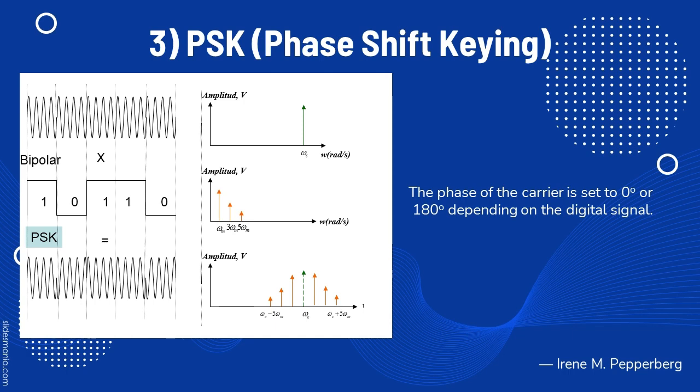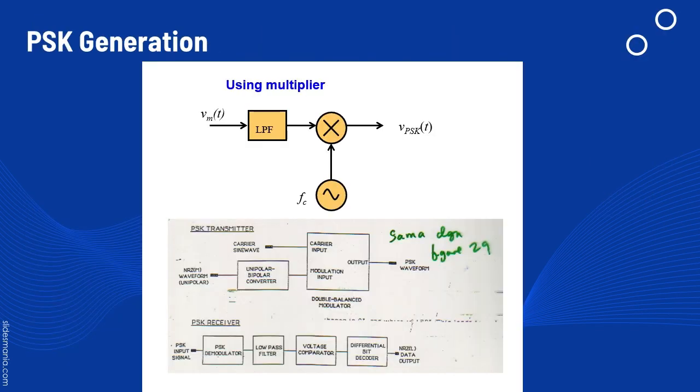The phase of the carrier is set to 0 degree or 180 degree depending on the digital signal. For the PSK generation, it will only use a multiplier. It is filtered first using an LPF, then a mixer that multiplies with the carrier oscillator, and we will get the PSK.